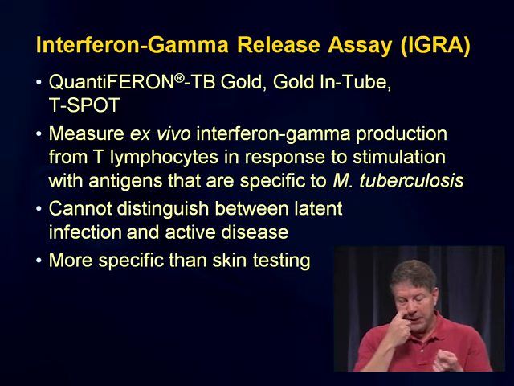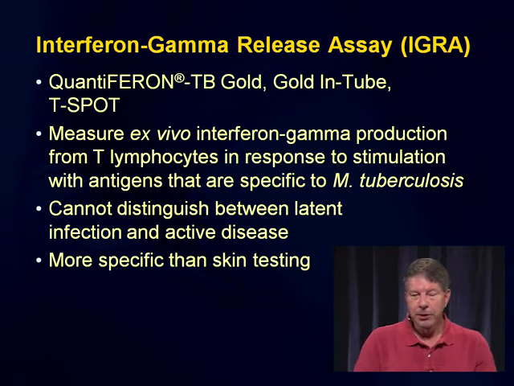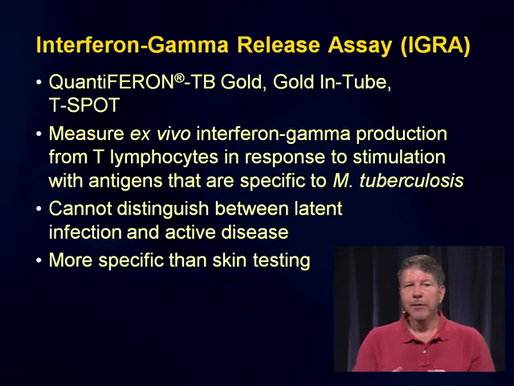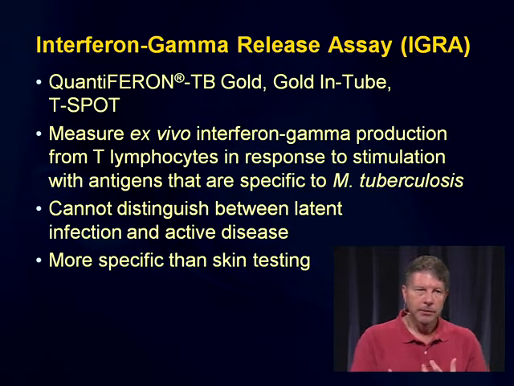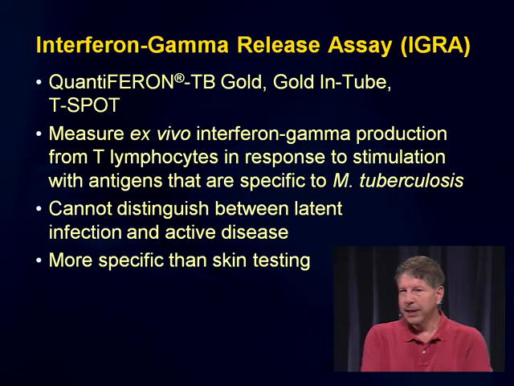So essentially it's telling you whether a patient has been exposed to tuberculosis or not. It can't tell you if they have active disease or latent disease. All it tells you is they have had exposure to tuberculosis, which is what our PPD is telling us. It doesn't tell us we have active TB, just that we've been exposed to it.